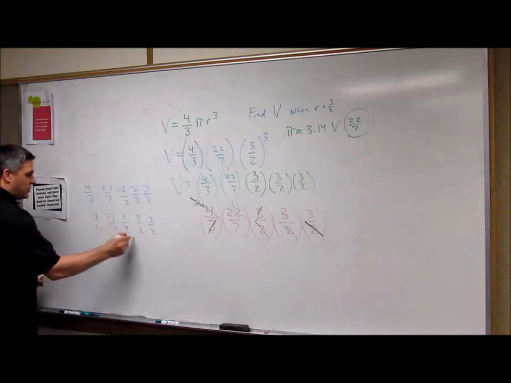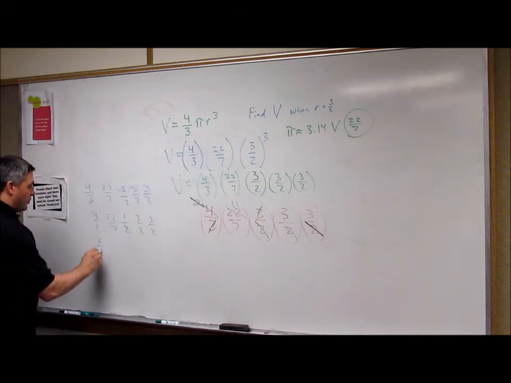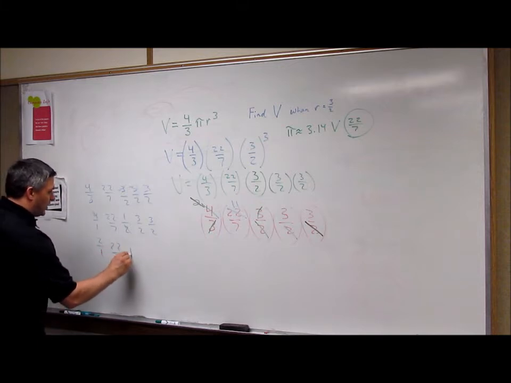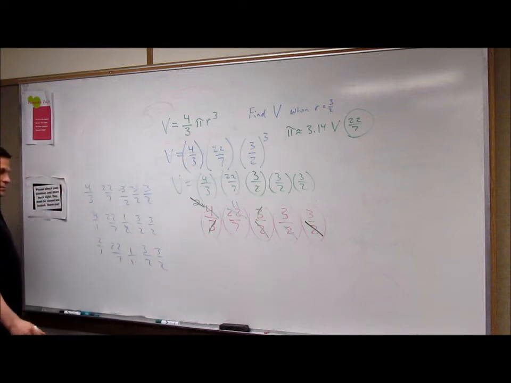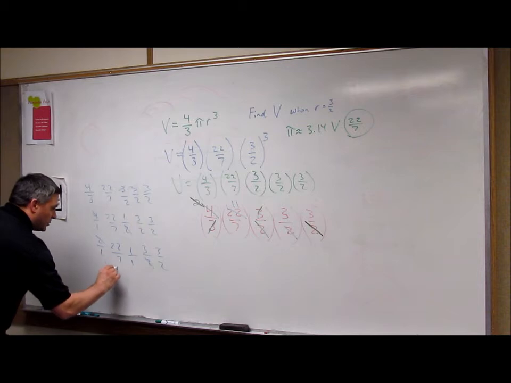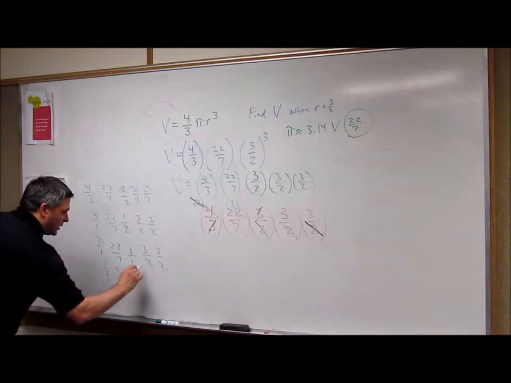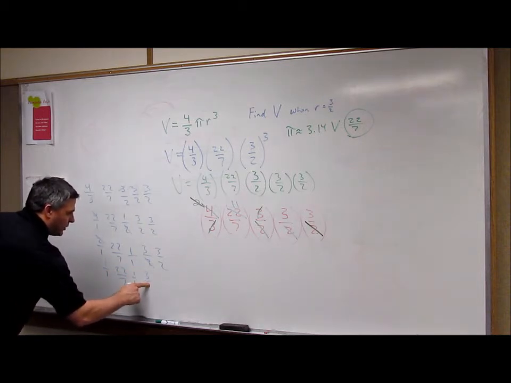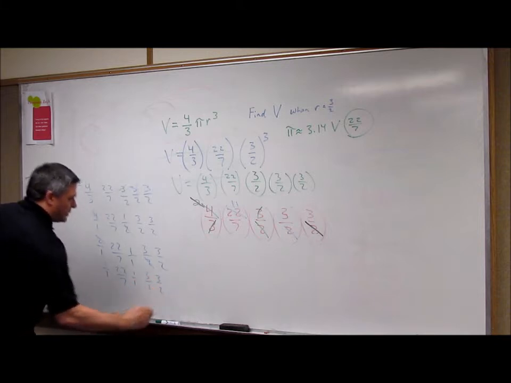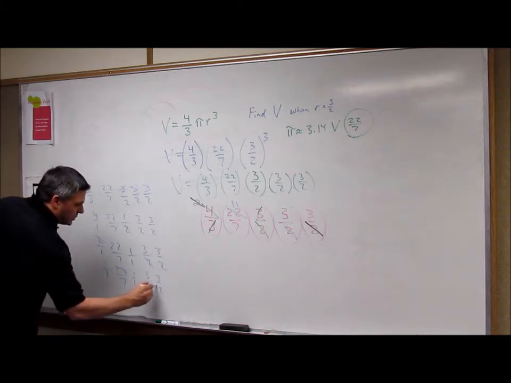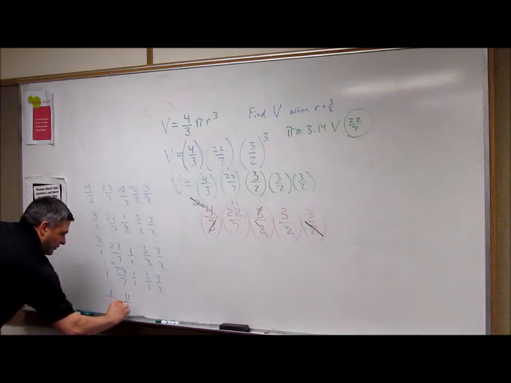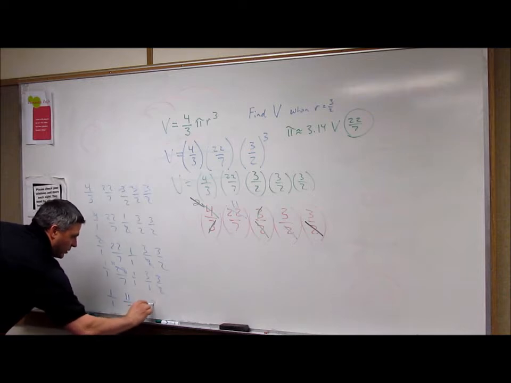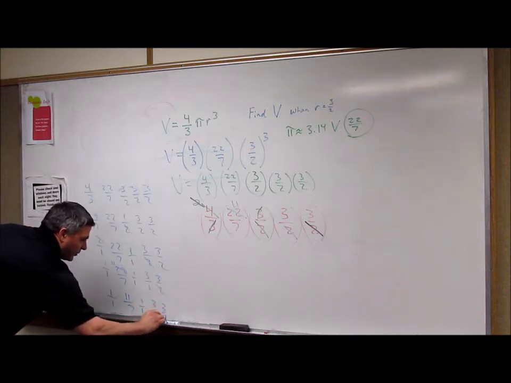And then 2, 4, so 2 over 1, 22 over 7, 1 over 1, 3 over 2, 3 over 2. And then 2, 2, and then 1 over 1, 22 over 7, 1 over 1, 3 over 1, 3 over 2. And then 22, 2: 1 over 1, 11 over 7, 1 over 1, 3 over 1, 3 over 1.